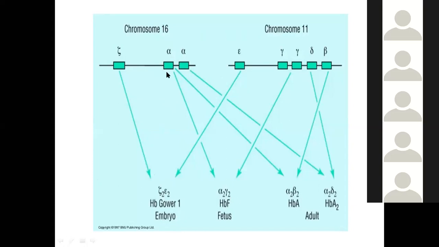And then here we have alpha 2 and gamma 2 for hemoglobin F, the fetal. Then here we have the 2 alphas. These 2 alphas come for hemoglobin A and hemoglobin A2, while beta comes for HbA, and this delta comes for HbA2.